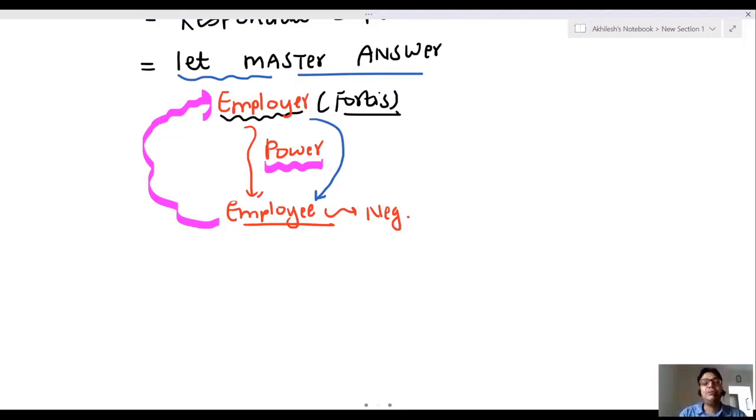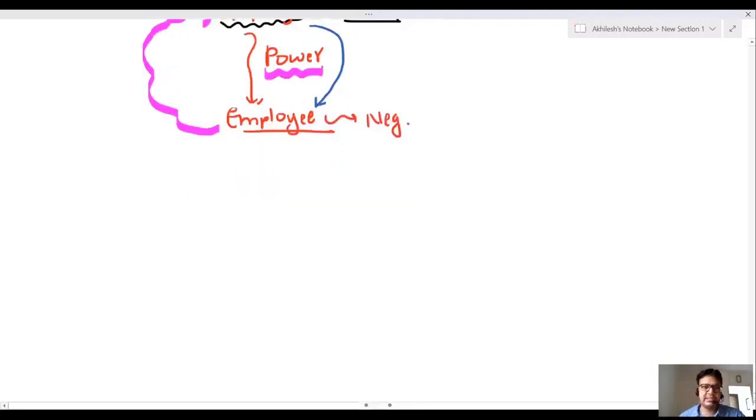This is known as vicarious liability. This is a very important liability, the relationship between employer and employee.